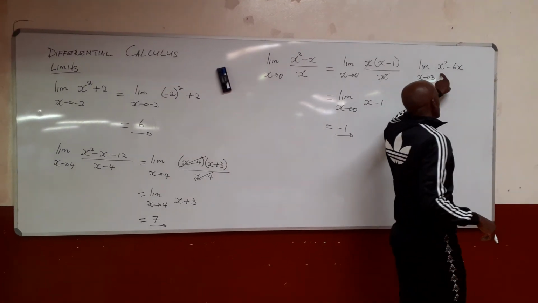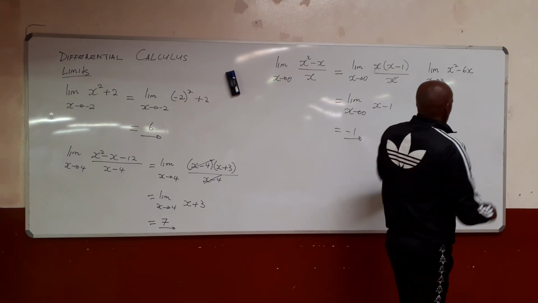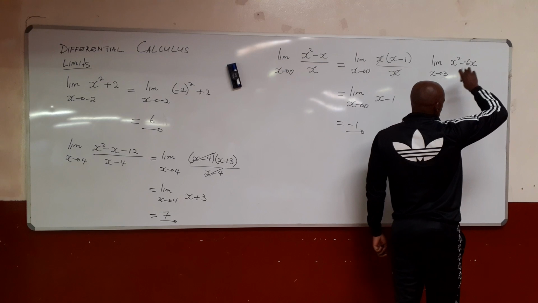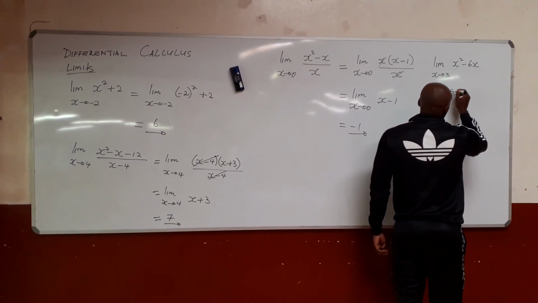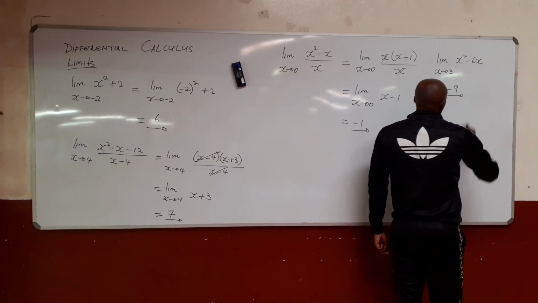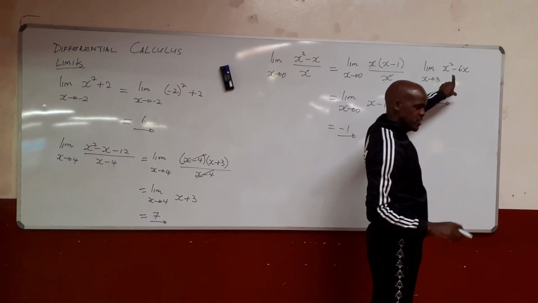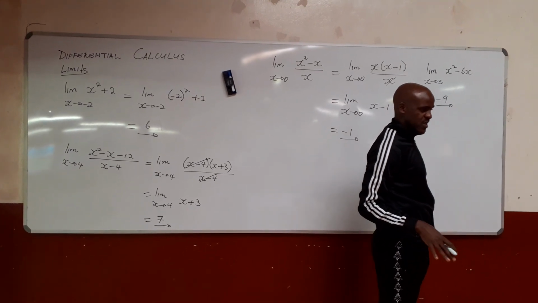So 3 squared is 9, 6 times 3 is 18, and 9 minus 18 is minus 9. There is no need to factorize anything because you do not have any denominator there.